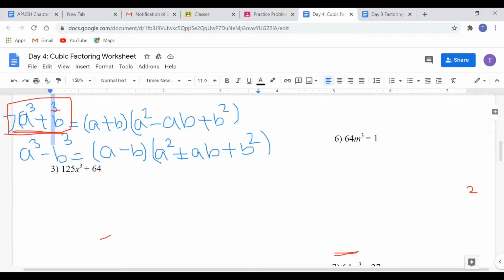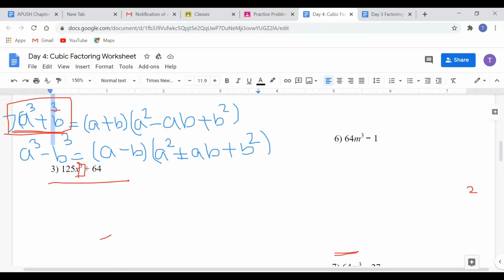Okay. So our problem is this, right? Like I was telling you guys, you have to ask yourself, okay, so 125, I know x, right? They already raised x to the third power. So that's telling me we have a perfect cube right there. How about 125? Is it a perfect cube? Just by thinking about it, I can tell you, yes, because if I multiply 5 3 times, I get 125.